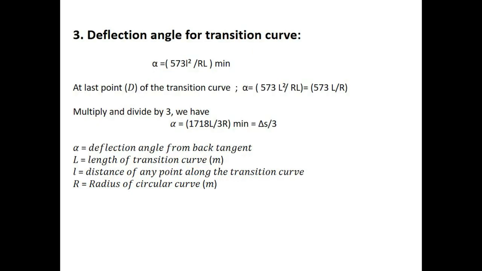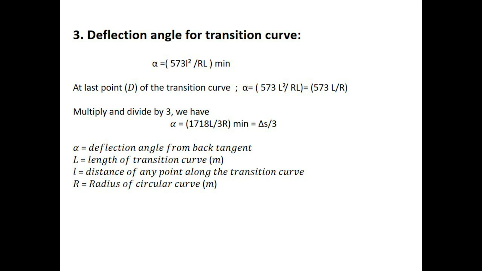Third one is deflection angle. So the expression for deflection angle for a transition curve is alpha equal to 573 l square by RL, where small l is the distance of any point along the transition curve, capital L is the length of transition curve, and R is the radius of circular curve in meters.